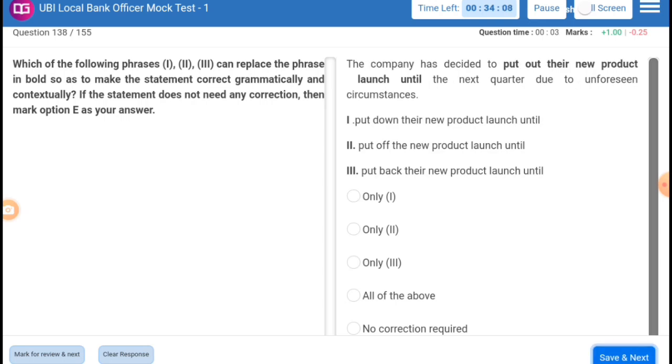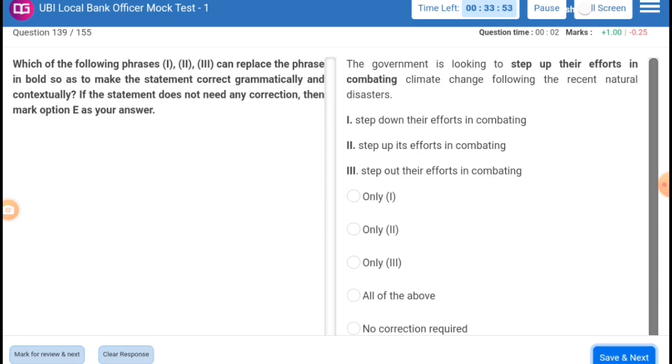The company has decided to new product launch until. The government is looking to step up their efforts in combating.